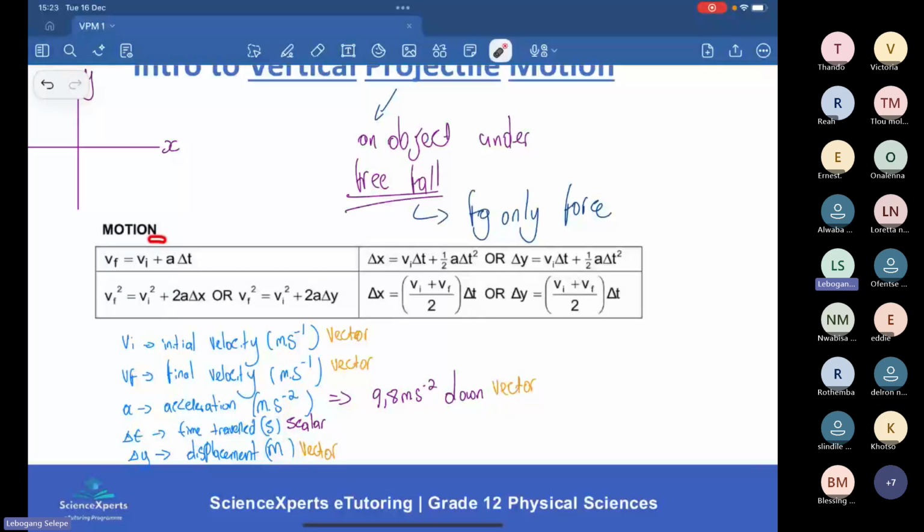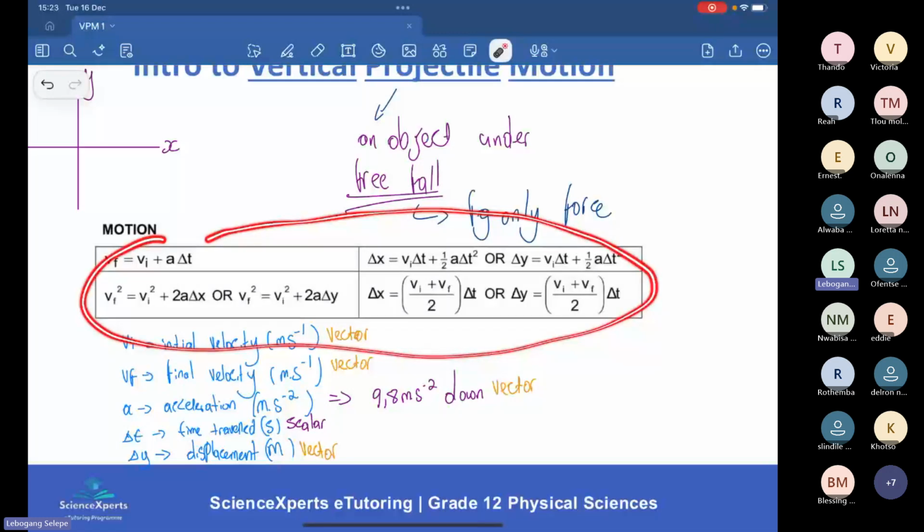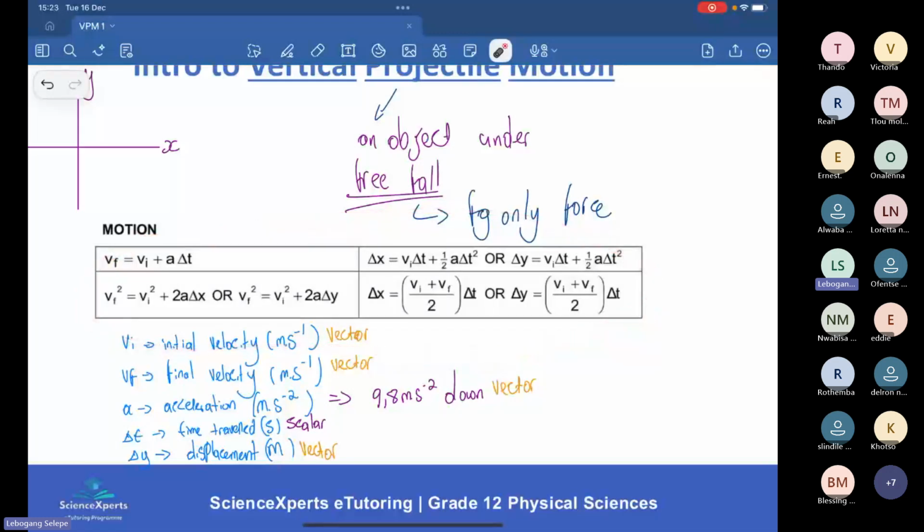All of these equations have 4 variables in them, right? So basically, remember, if you want to solve an equation, you need 1 unknown variable. That is why I'm saying that for you to solve any problem, you need 3 known variables and 1 unknown. But acceleration is always known. So basically, you need 2 more known variables and 1 unknown.